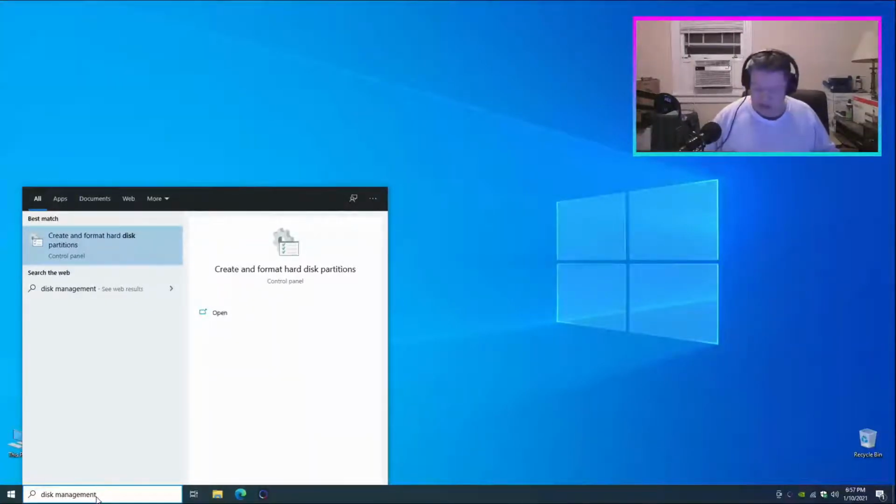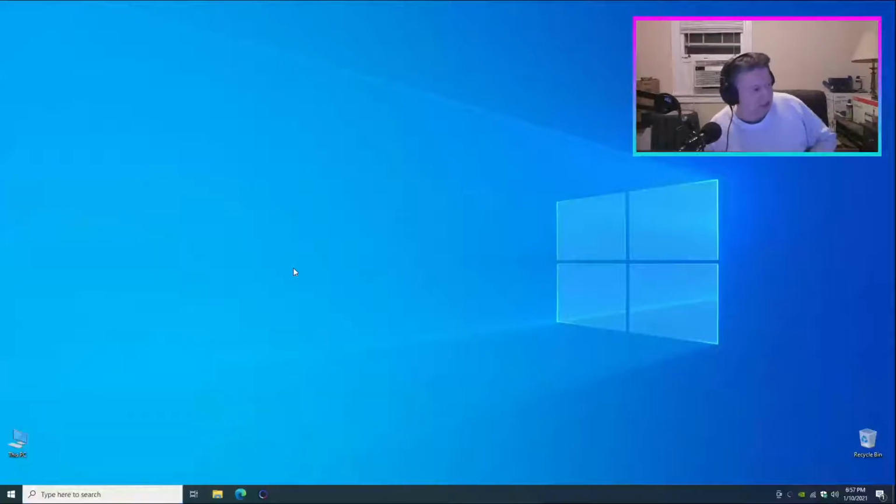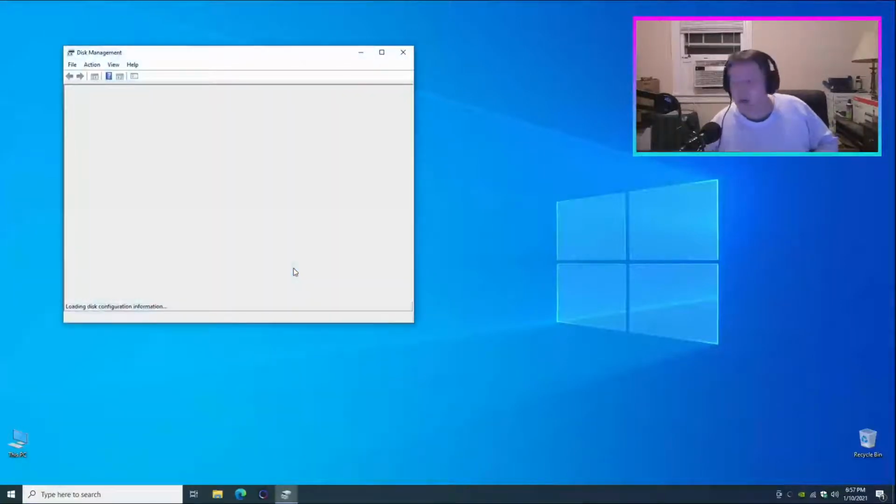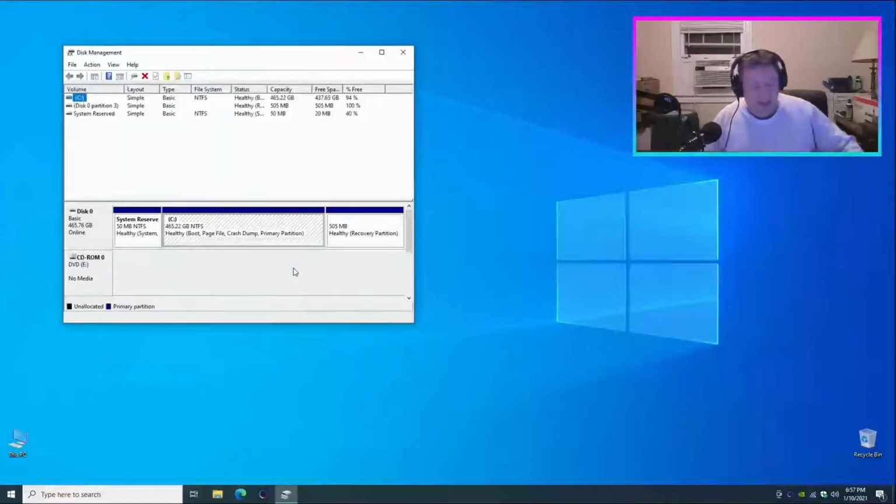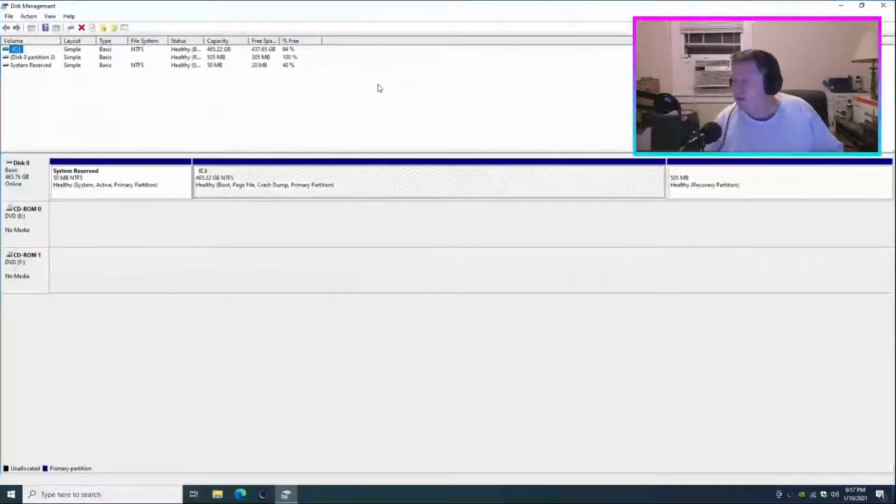Okay. And what that's going to do is bring up the disk management section in the Windows 10 operating system. And for those who are fortunate enough to be watching this podcast, as you can see right here, this computer has the disk management section of Windows open.